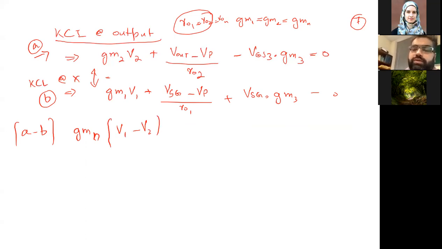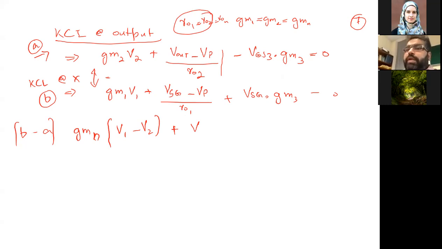So I'm writing B minus it. We want to get that expression of V1 minus V2, which we are interested in. VP is going to be cancelled out. Why? Because RO1 is equal to RO2, so we can simply cancel out VP.